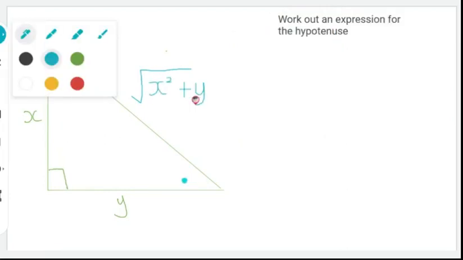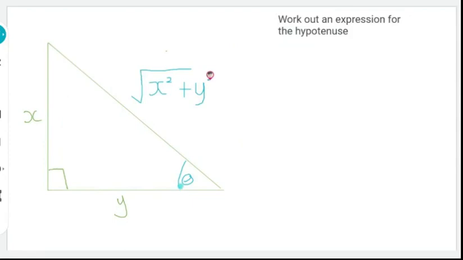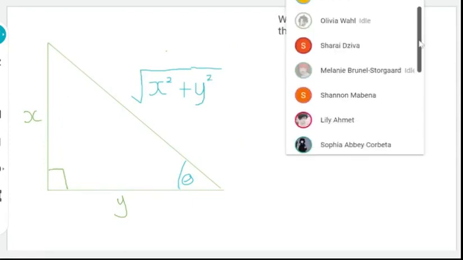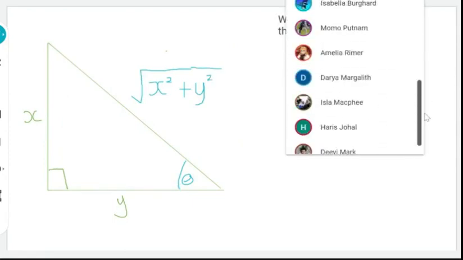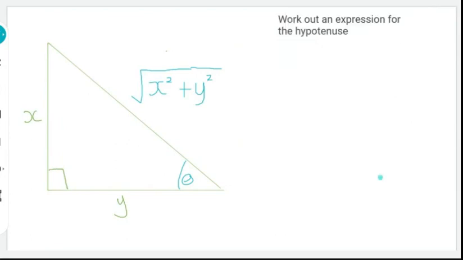Work out an expression for the hypotenuse. Ooh, someone's really going for it with that slide 5. Is everybody on the Jamboard, by the way? I don't think everyone is. Nice, yes, that's a great expression for the hypotenuse. Now, can we work out an expression for sine theta?